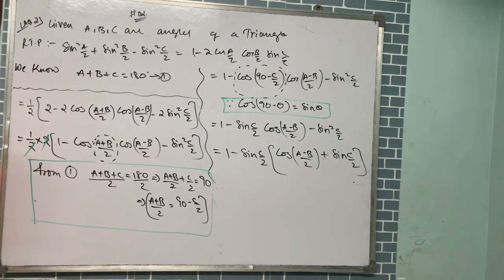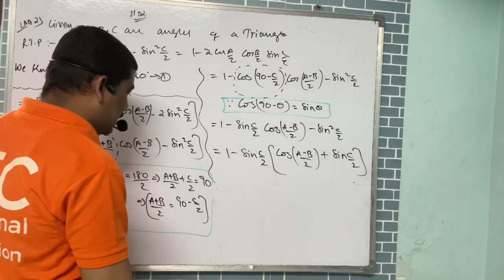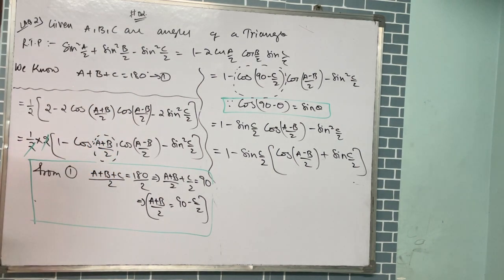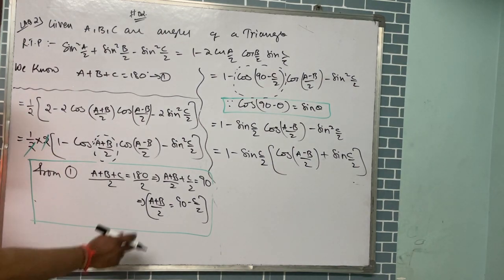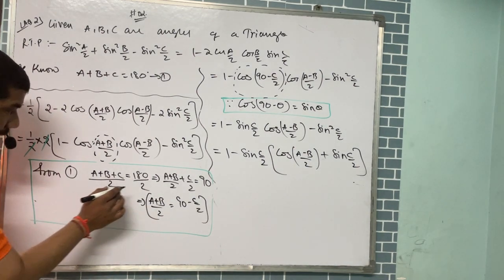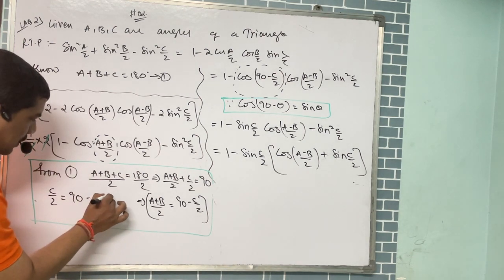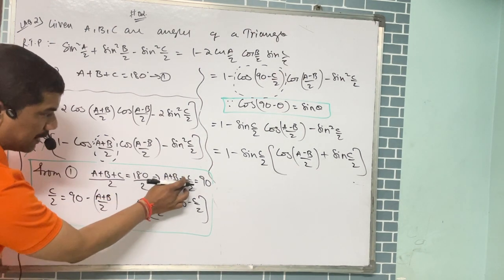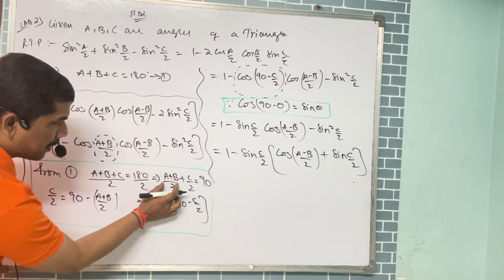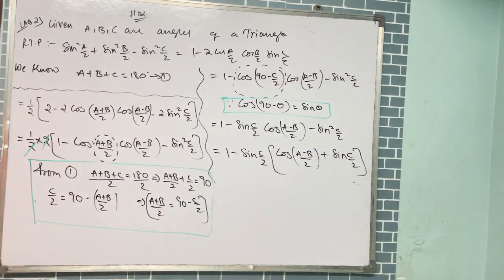Right? Okay? And again, student, if you look at from this only, can I write c by 2 is equal to 90 minus a plus b by 2? C by 2 I am keeping here only, a plus b by 2 sending this. So I can write like this.